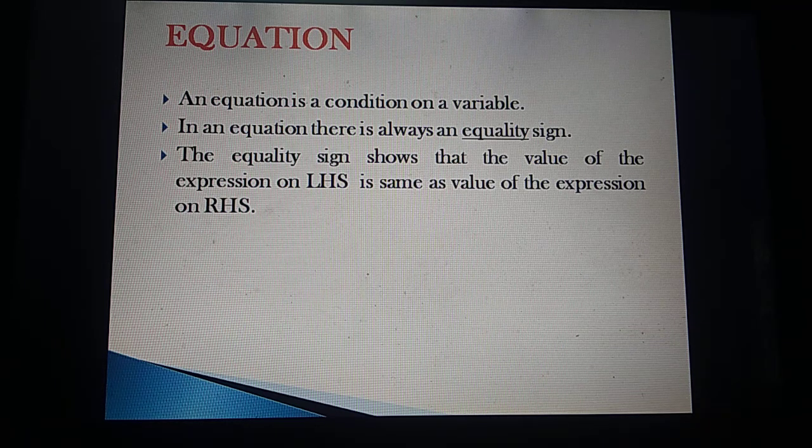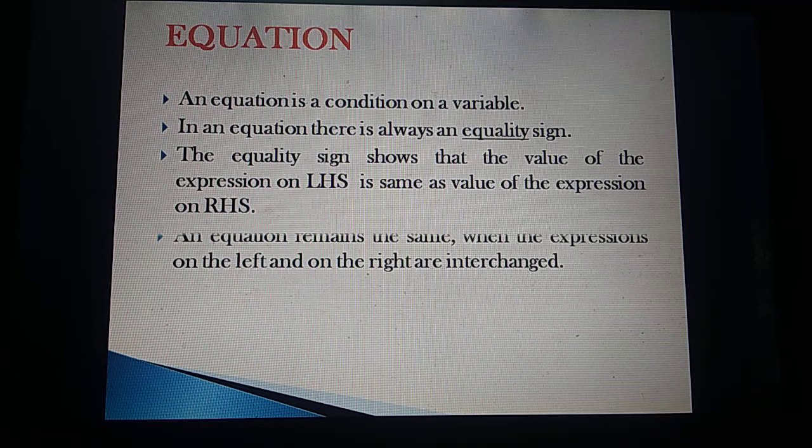So the sign shows that whatever value is there on the left hand side is the same as the value on the right hand side, but as per the definition it will be true only for a condition on our variable. Our equation remains the same when the expressions on the left and on the right are interchanged. So if we interchange the left hand side and the right hand side, the equation will remain the same.